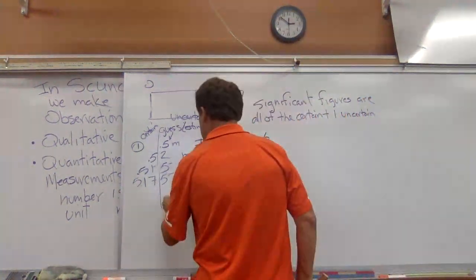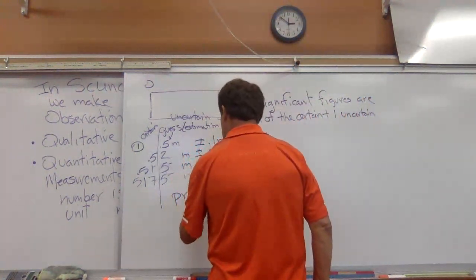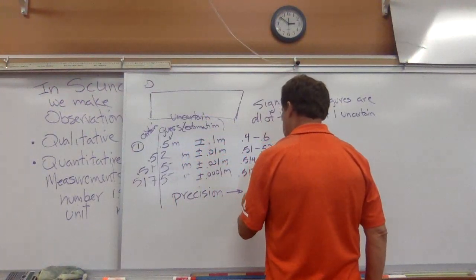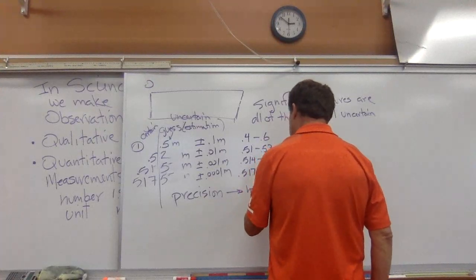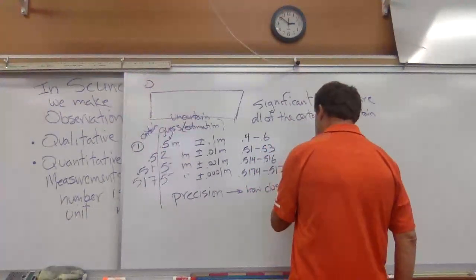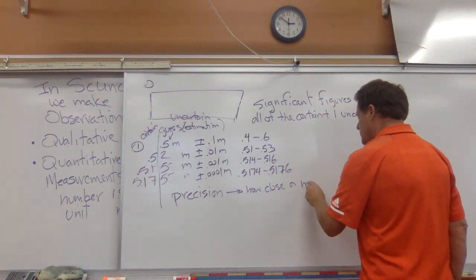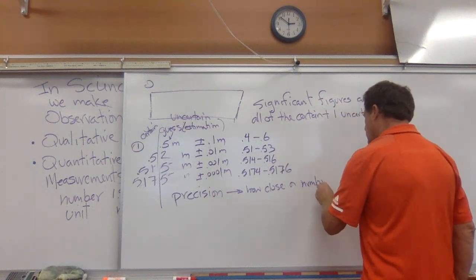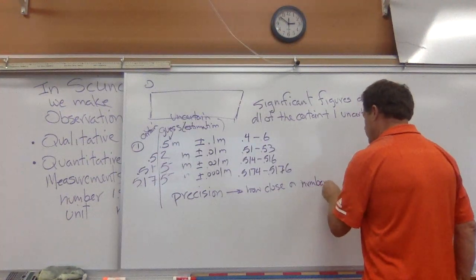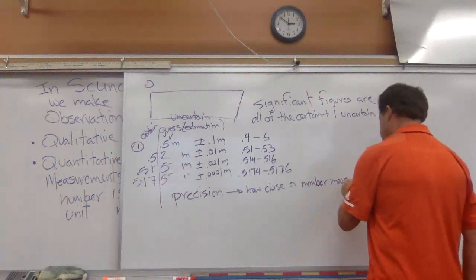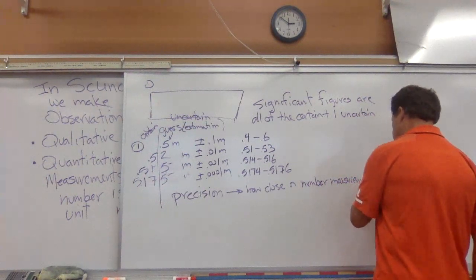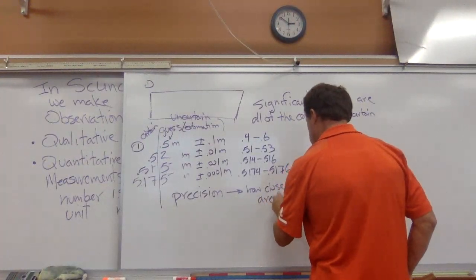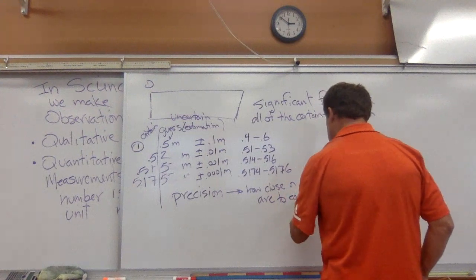So precision is a measure of how close a number of measurements are to each other.